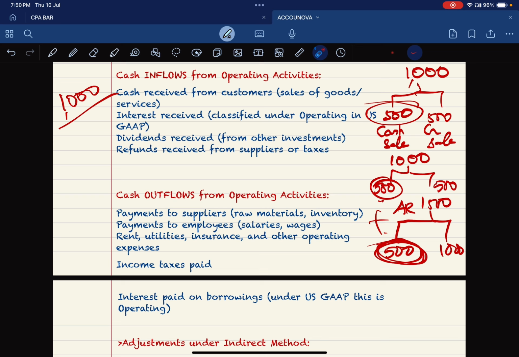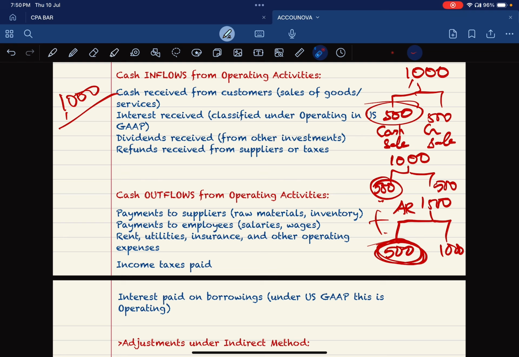Okay, correct. So these will also come under operating activity. But the principal paid on the borrowings will be a financing activity that we will be discussing in the further sessions. But on a brief note, just understand this much: interest paid on borrowings is an operating activity. These are cash inflows and cash outflows from operating activities.